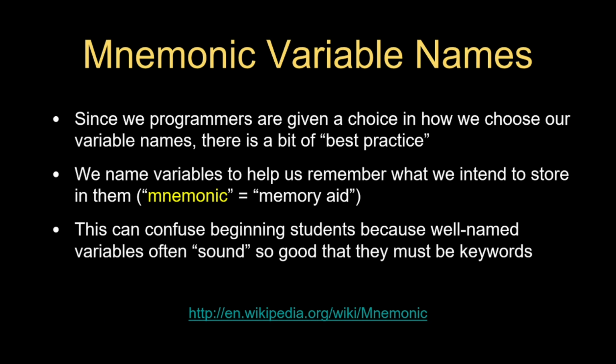Now, this can confuse beginning students because well-named variables often sound so good that they must be keywords. What this means is that sometimes you want to use a certain name for a variable, but you forget about the reserved words we can use.